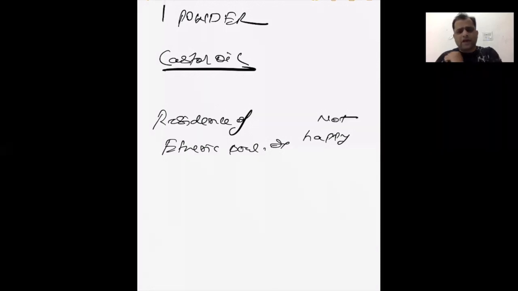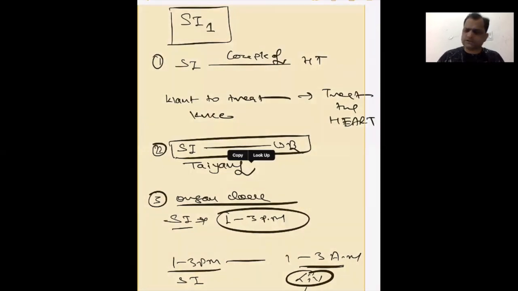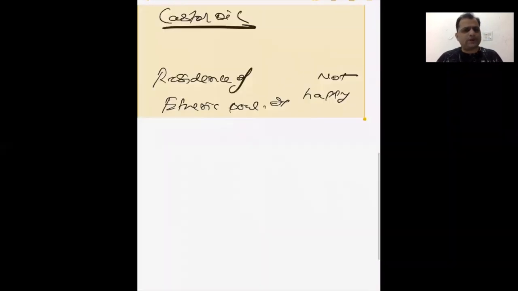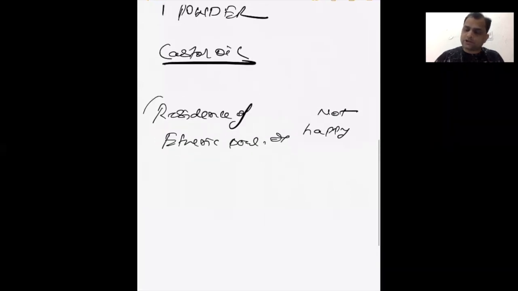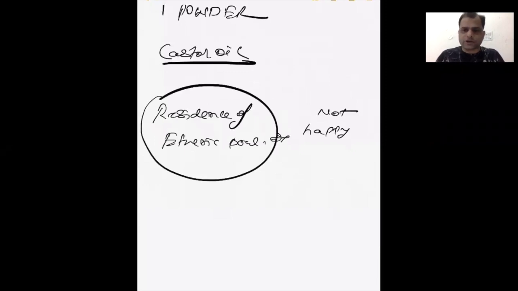The person may have everything in life, but even after that he will feel no happiness because the soul is not happy. If the liver is disturbed, the soul is also disturbed. So if we want to make the etheric soul balanced, then we have to treat the liver.